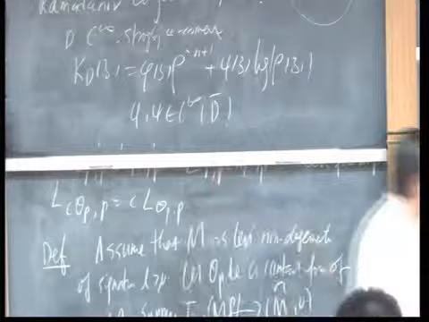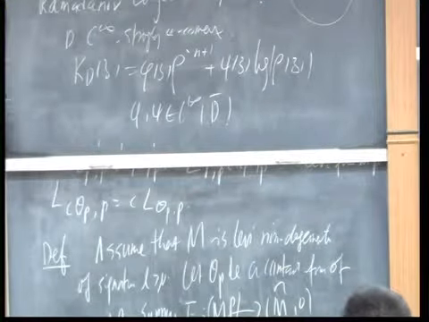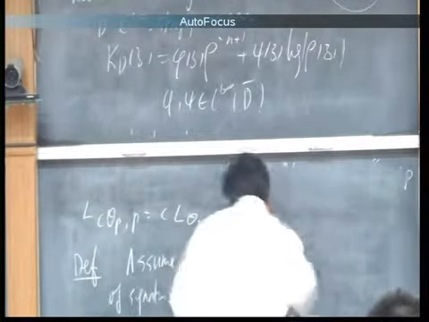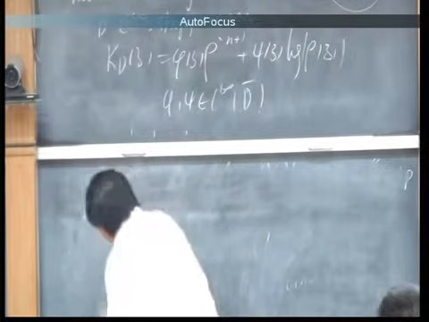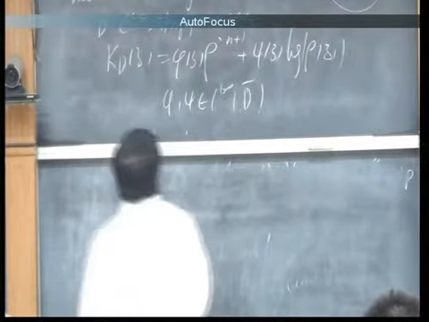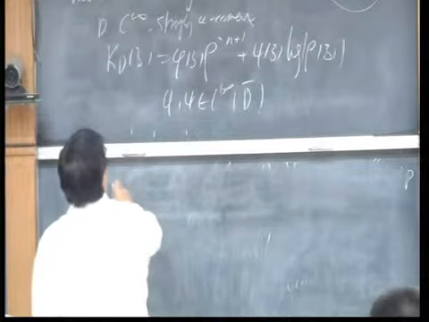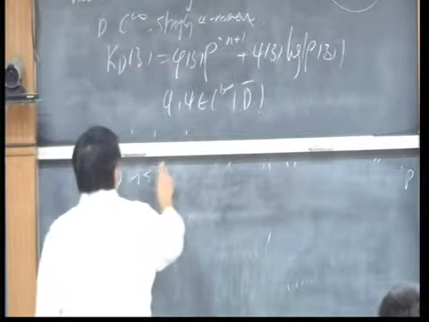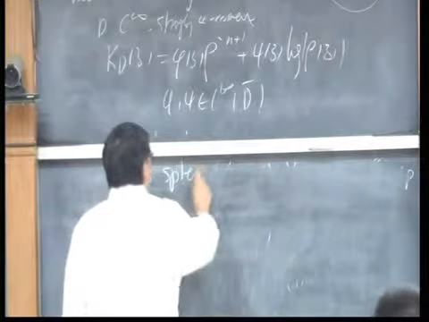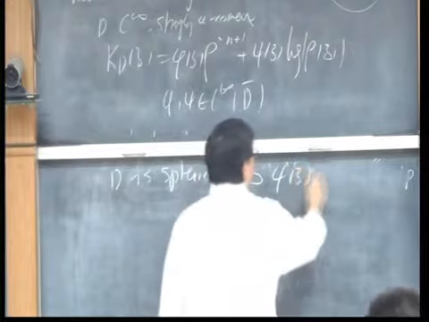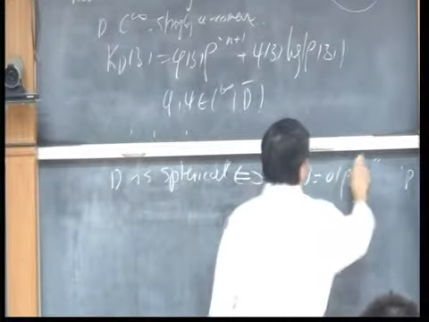So what about the conjecture? The conjecture says D is spherical if and only if this psi vanishes at the boundary.